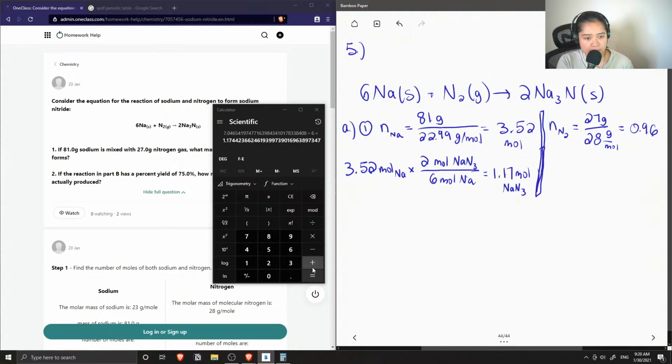And let's do the same thing for the nitrogen. So we have 0.96 moles of nitrogen, and we only need 1 mole to form 2 moles of sodium nitride. 2 moles of sodium nitride are formed with only 1 mole of nitrogen gas.